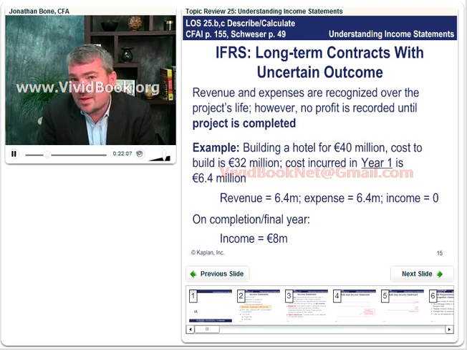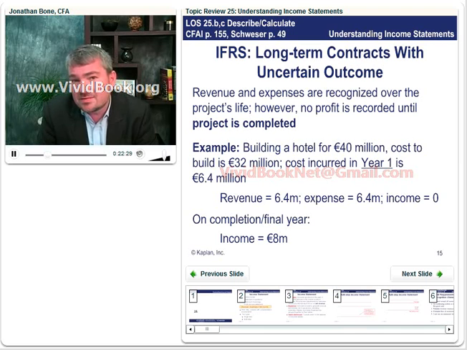Building a hotel that we think we're going to sell for 40 million euros. The cost to build it is 32 million euros, so we're expecting a profit of 8 million euros. Notice the cost incurred in year 1 is 6.4 million. So we've got an expense of 6.4 million. So all we'll do is match our sales figure to that expense in the income statement, so we have 0 profit.